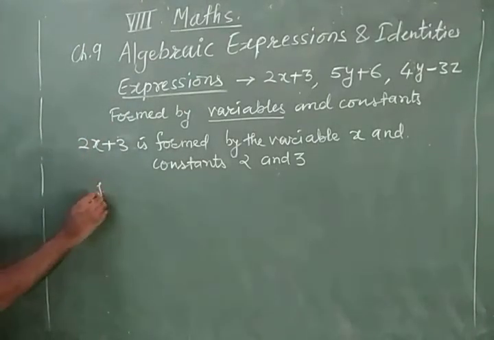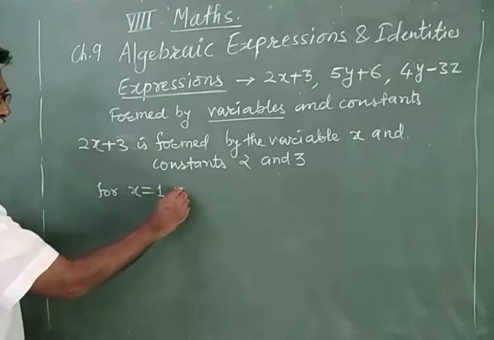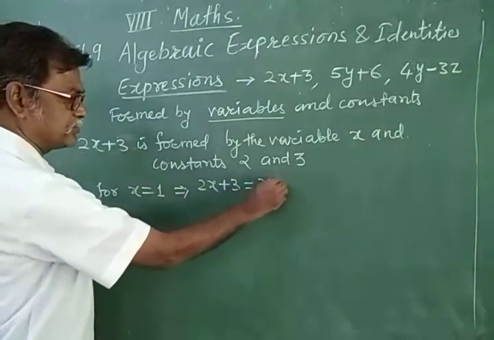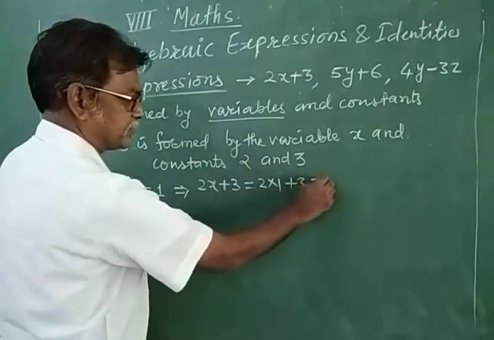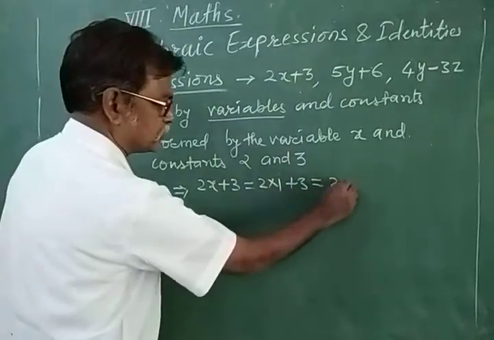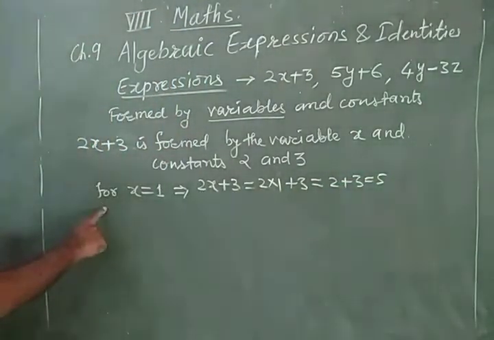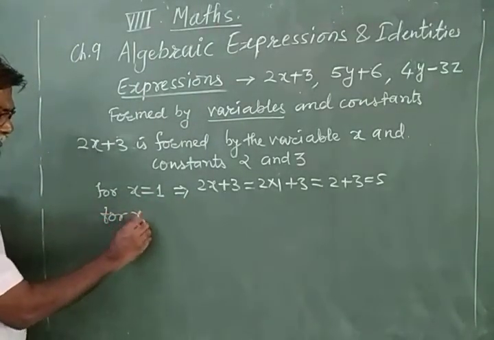And for x is equal to 1, you get the value of 2x plus 3, that is 2 into 1 plus 3, which is 2 plus 3, equal to 5.